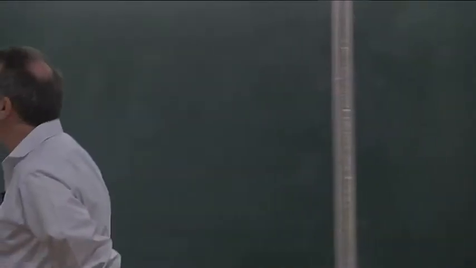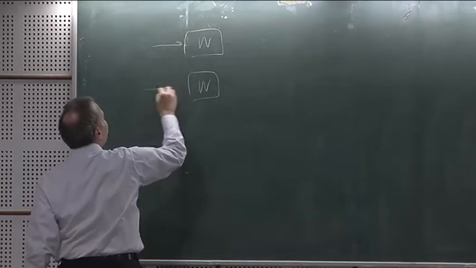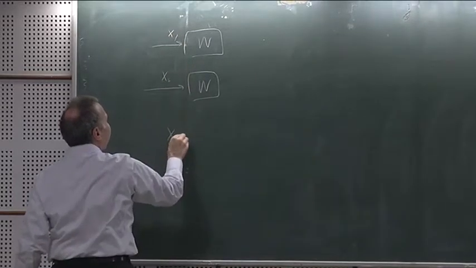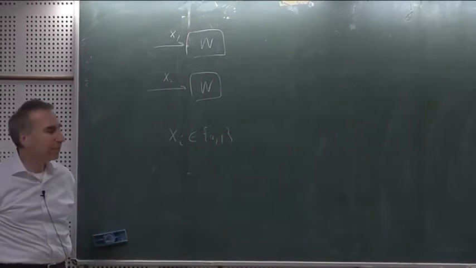So what we have is, remember this transformation. We have a binary input channel. This is x1 and x2. Each xi is in the binary field.